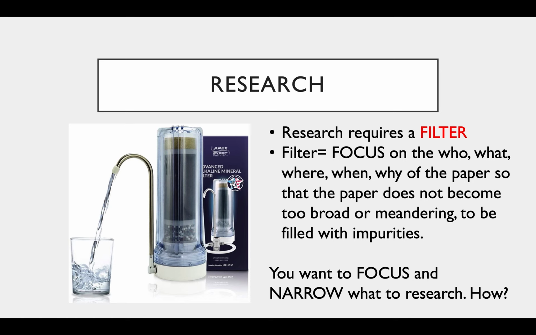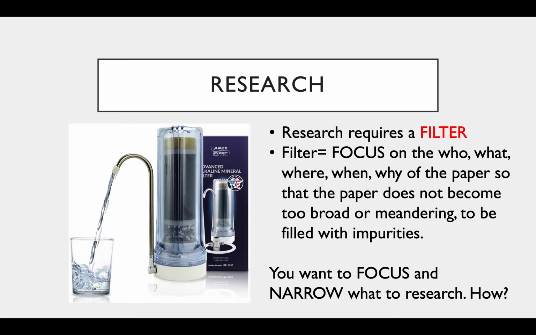One of the first things I want to recommend as you're about to begin this thing called research, and as you begin to do research and come up with basic parameters on how to approach research, is to think of research as a kind of filter. You need a filter in order to filter out some of the impurities and the unnecessary information that oftentimes can bloat a paper.